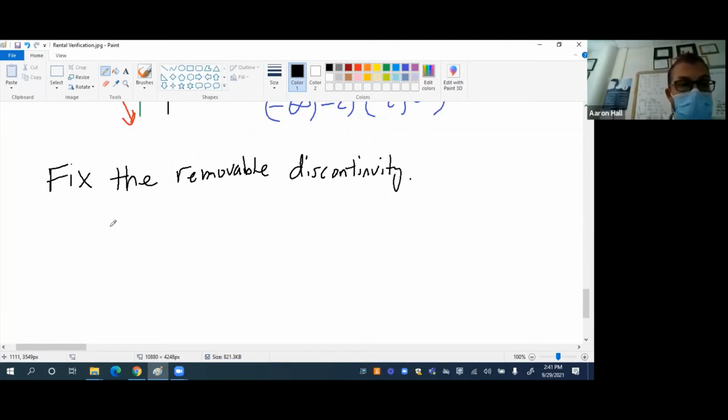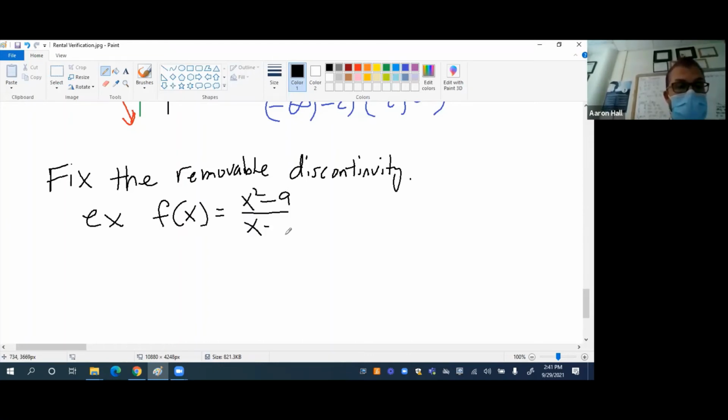And I have our graph looks like this. Does this equation have a removable discontinuity?